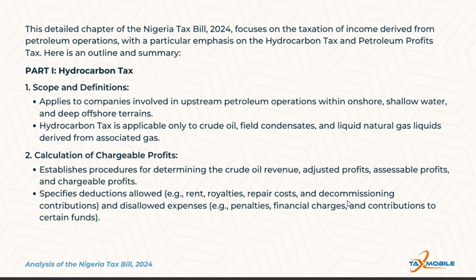So now let's look at Part 1, hydrocarbon tax. We'll be looking at the scope and definitions. Now, hydrocarbon tax applies to companies engaged in upstream petroleum operations across various terrains: onshore, shallow water, and deep offshore areas.